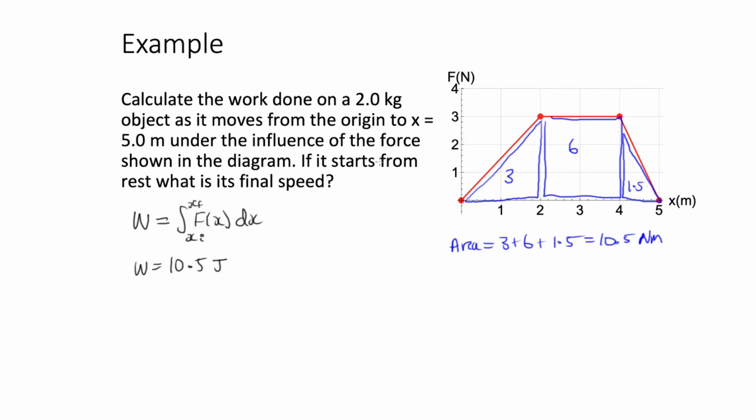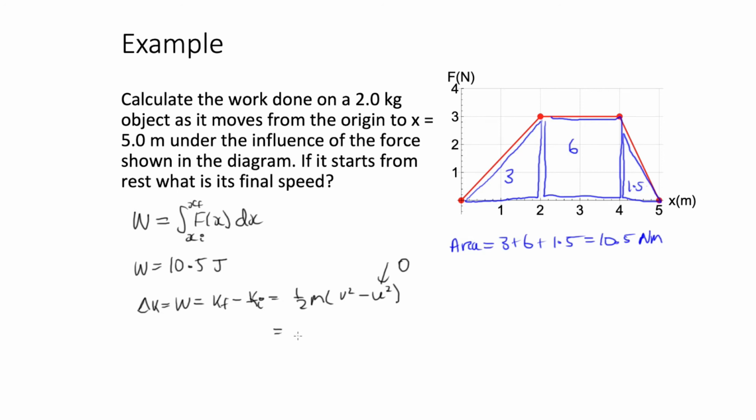So if it starts from rest, what is its final speed? We've still got the work kinetic energy theorem, so we still know that the change in kinetic energy is equal to the work done, and it's also equal to the final kinetic energy minus the initial kinetic energy. So that's equal to a half m (v squared minus u squared), and it starts from rest, so u is 0.